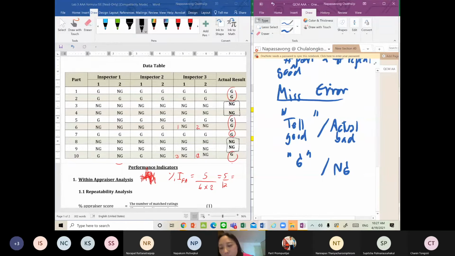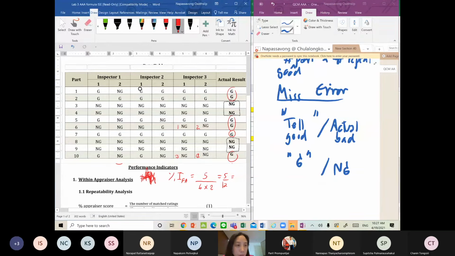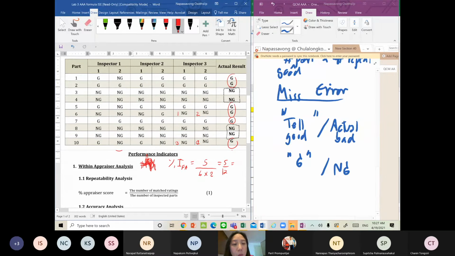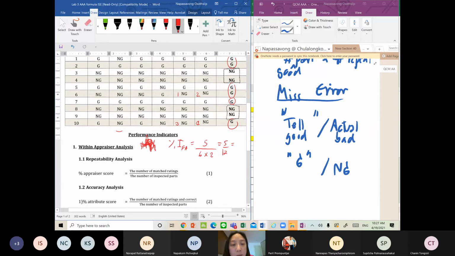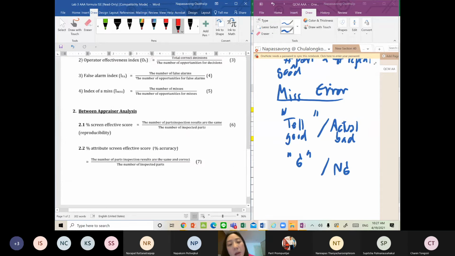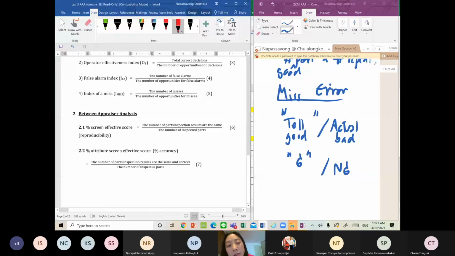So it will be the number of opportunities for miss, which is the number of NG parts times the number of replications.